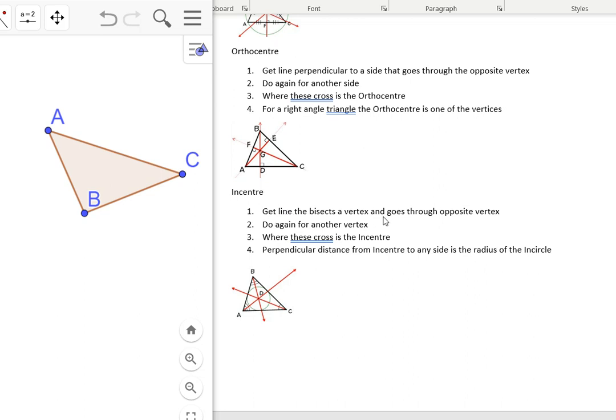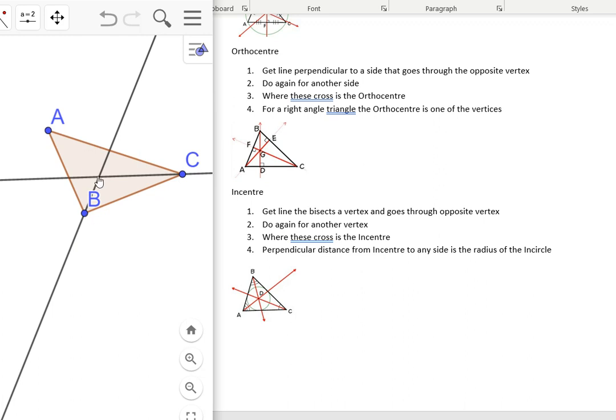Now, for constructing the incenter, you already know how to do this. We are going to bisect the angle at one of the vertices. So we are going to bisect the angle here, so it'd be bisecting the angle ABC, or CBA if you prefer. And then we do the same thing again with the angle at another vertex.